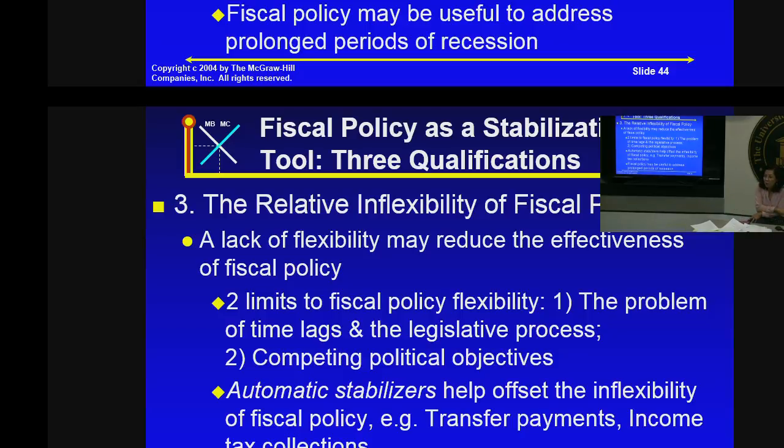But if it is very short, like 6 months, 9 months, it is faster to use the other policy, which is the next chapter, what we call monetary policy. Use the interest rate. Interest rate is a little bit faster. Because, hey, government spending, how long does it take to build a bridge, a hospital, a prison? It's not going to be overnight. It's going to be a while, right?